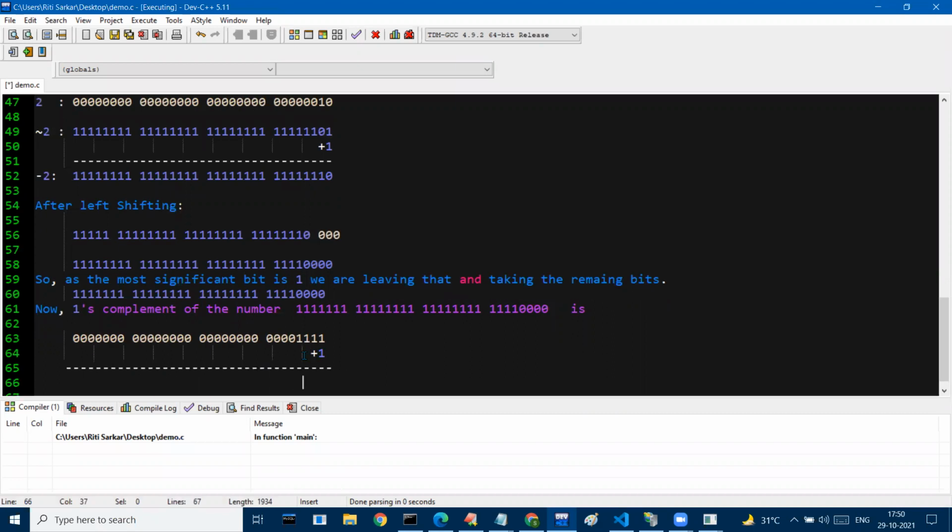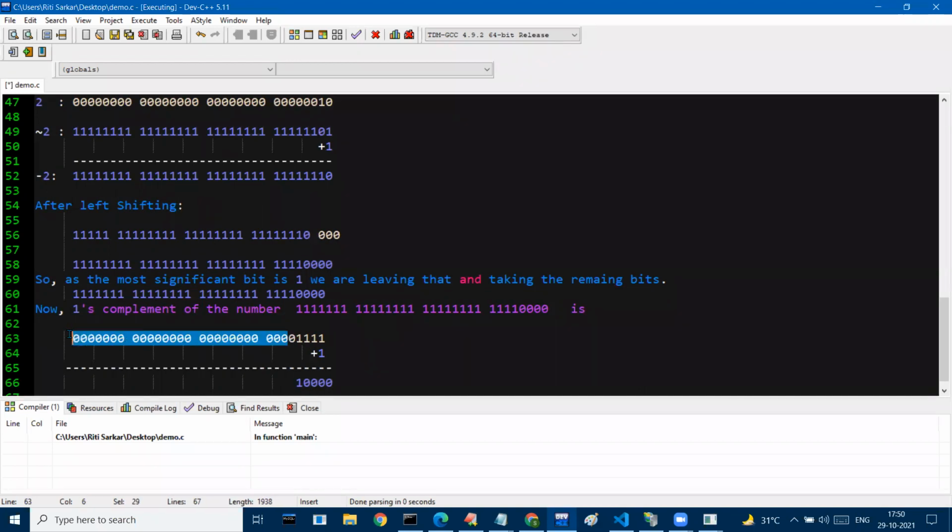1 plus 1 is 0 with a 1 in hand. Again 1 plus 1 is 0 with a 1 in hand, again and again. Now we are putting this one here.